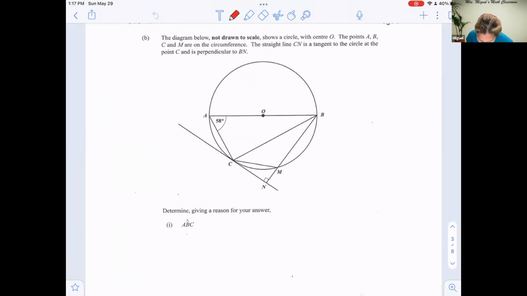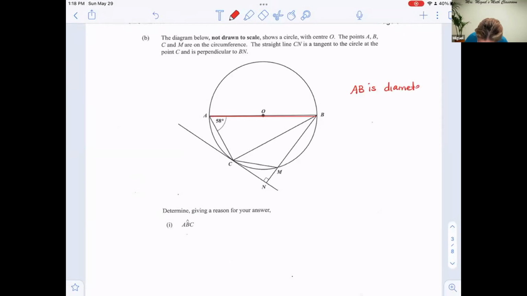Now, how do I call this line AB? Does anybody know? The diameter. So right away, AB is the diameter.